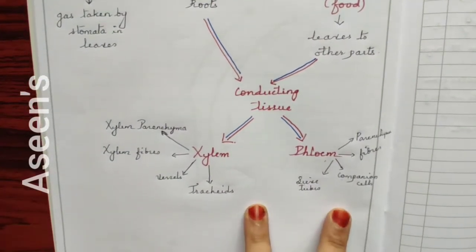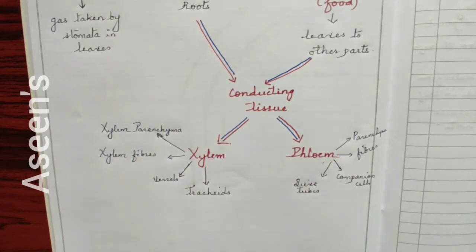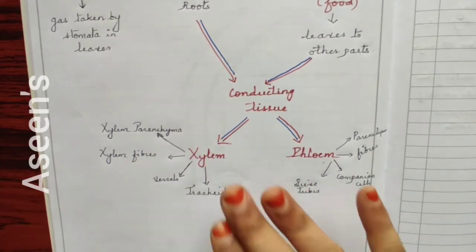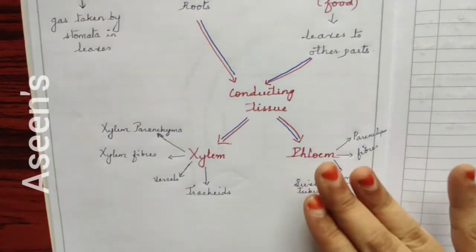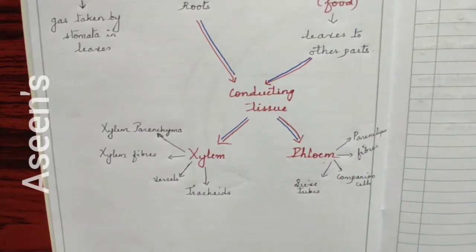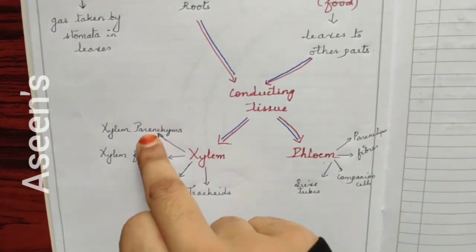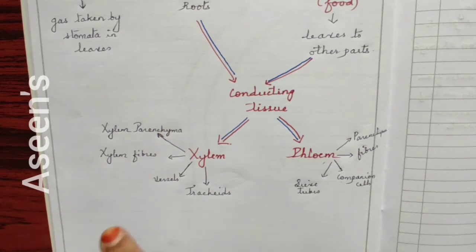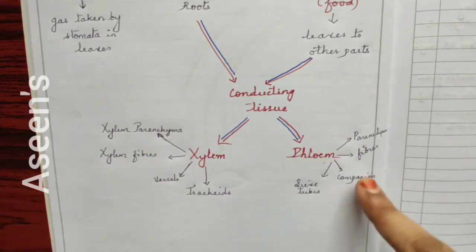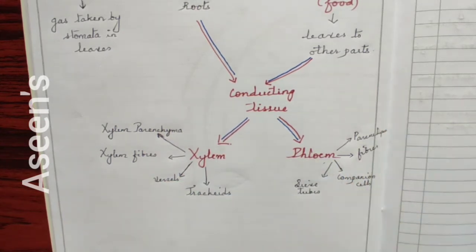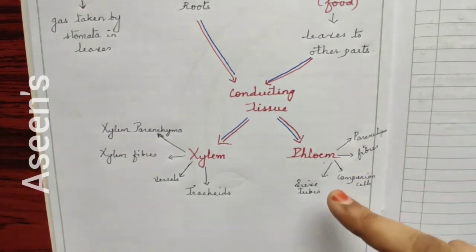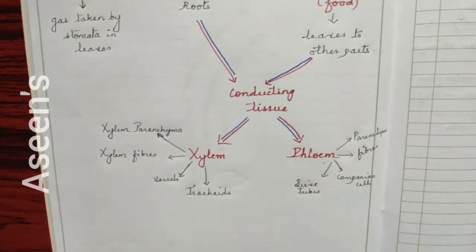Now this is something you studied in your 9th standard in the previous year. Xylem has 4 components, and similarly phloem has 4 components. Xylem's components are xylem parenchyma, xylem fibers, vessels and tracheids. For phloem, they are phloem parenchyma, phloem fibers, sieve tubes and companion cells.